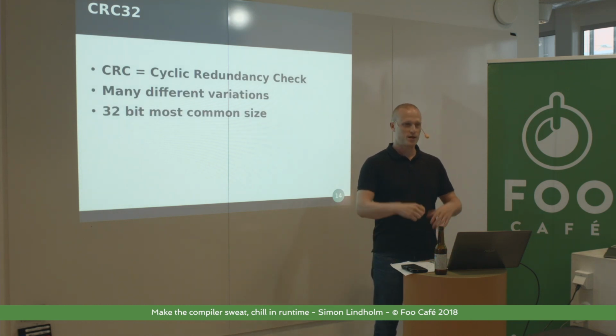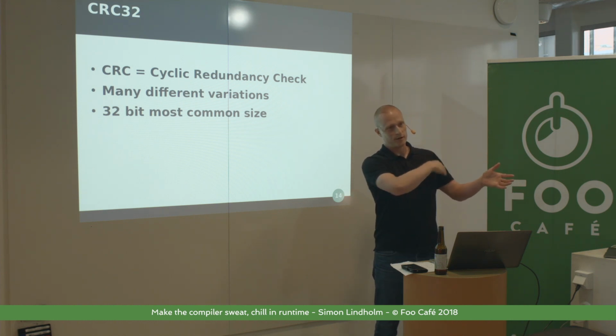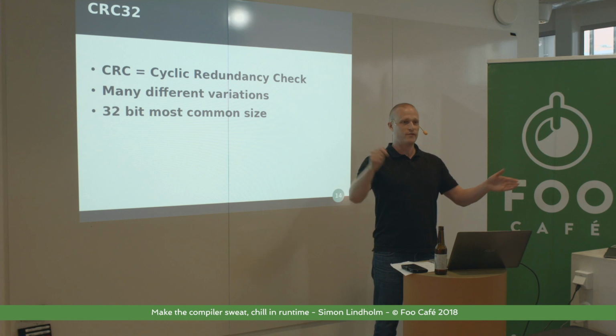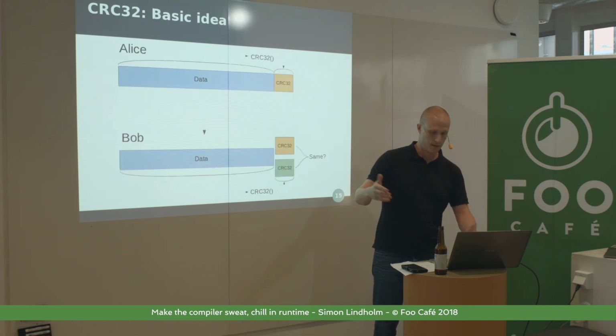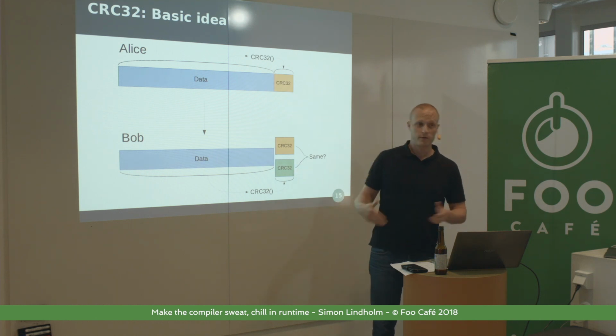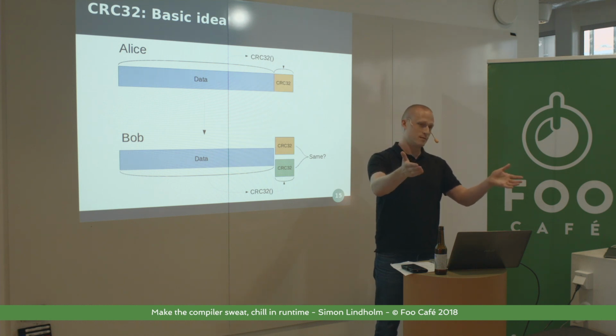That's basically a checksum: if you have some particular data, you can calculate this checksum over it, and if you send it to someone else, they take the data, compute the checksum using the same algorithm, and check whether it's the same as was sent. If it's not the same, then there's obviously an error somewhere, and if it is, there's a relatively high probability that it's correct.